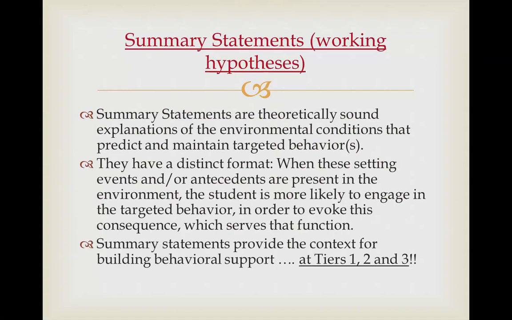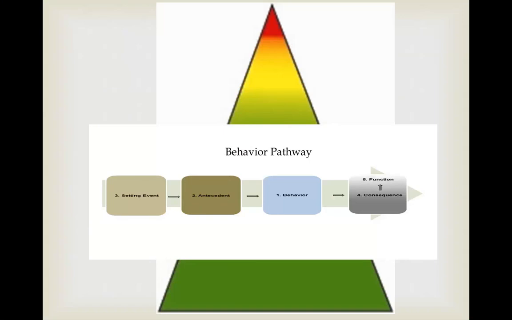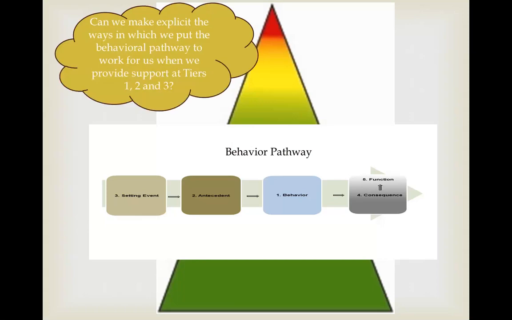Summary statements provide the context for building behavioral support, and the point of this little talk is that it provides the context for building behavioral support not just at Tier 3, but at Tiers 1, 2, and 3. As behavior specialists, we want you to fluently see how the behavioral pathway is at work across all three tiers. So we're looking at the intersection of the behavioral pathway and the multi-tiered system of support known as PBIS. The question is, can we make explicit the ways in which we put the behavioral pathway to work for us when we provide support at all three tiers?